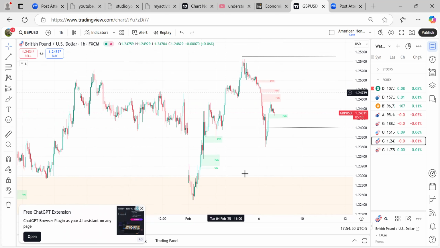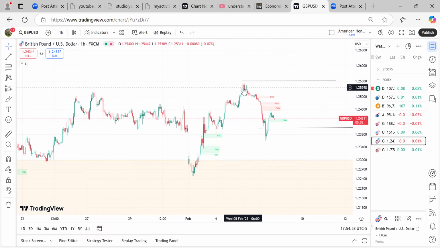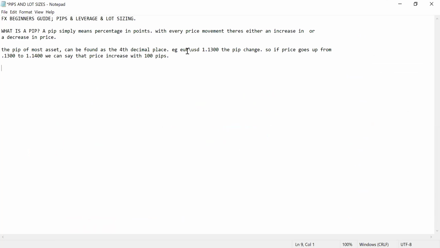But now, what is the context behind all of this? Why is it important or necessary? Why are pips necessary? The reason why pips are necessary is because they work hand in hand with the lot sizing. Okay, let's look at that. They work hand in hand with the lot sizing.